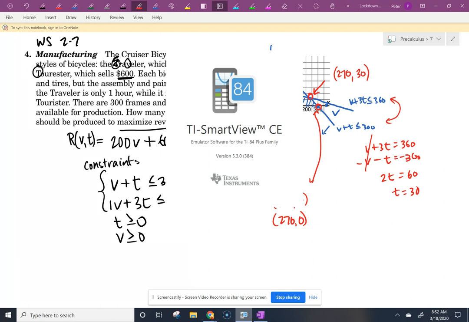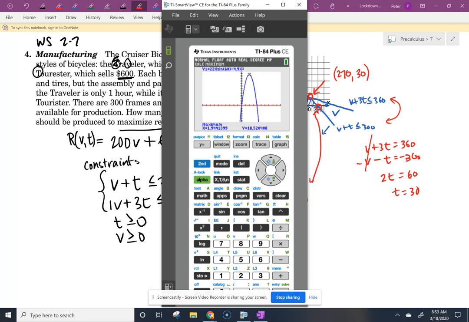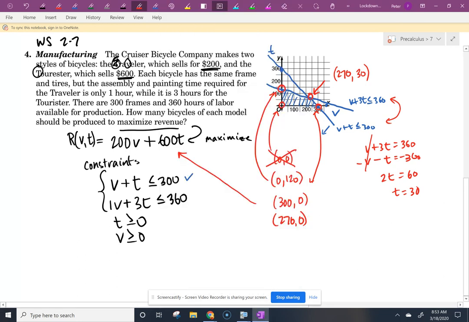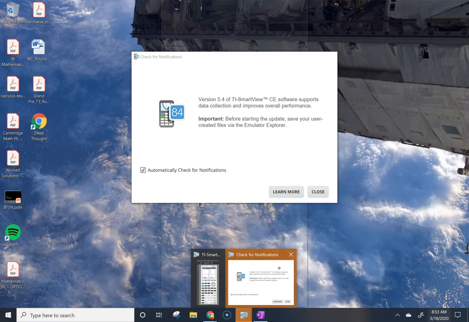All right, there it is. 600 times 120 is 72,000. So this will give me $72,000 of revenue. The next point would give me $60,000 of revenue. So right now that 120 is looking good. But what about that last one?